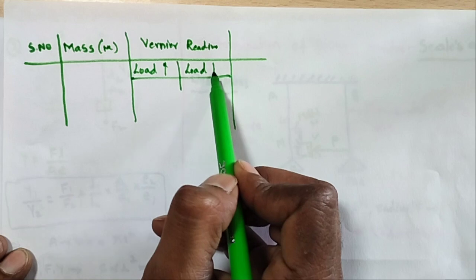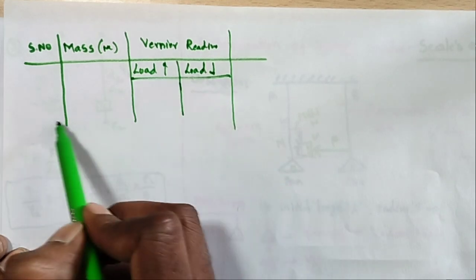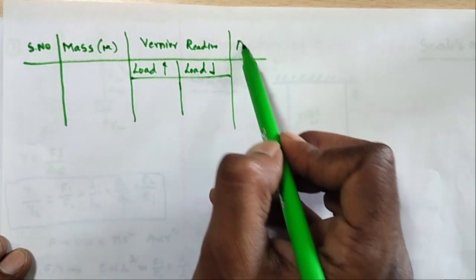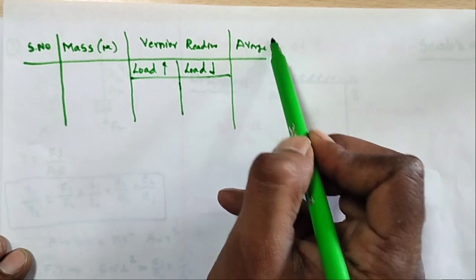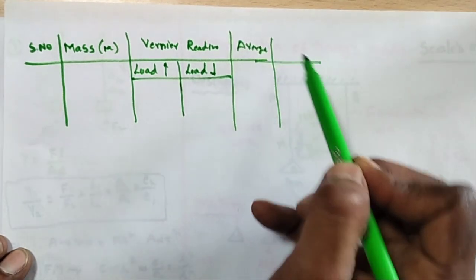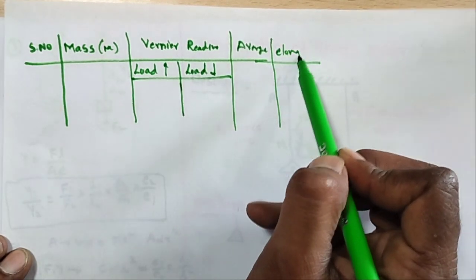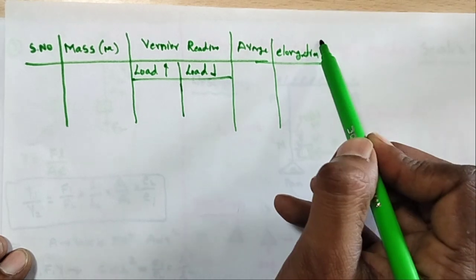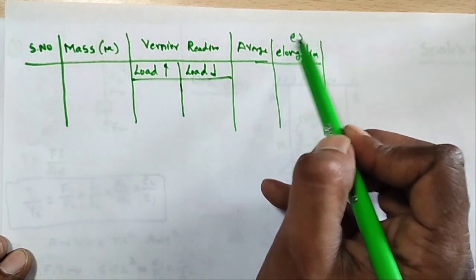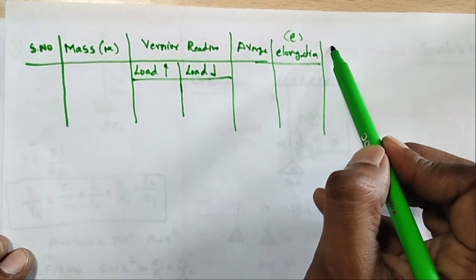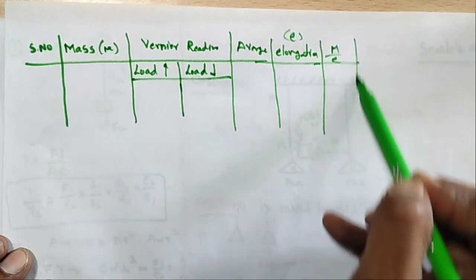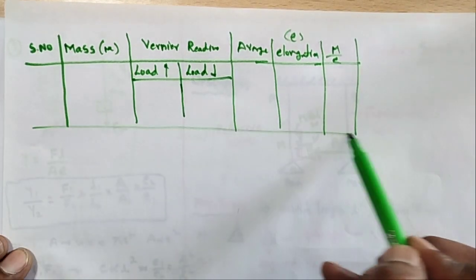When the load is increasing, what are the vernier values? And here I take the average value. Finally we can get the elongation, small e, and with the mass M, you can calculate M by e. So this is the experimental setup.